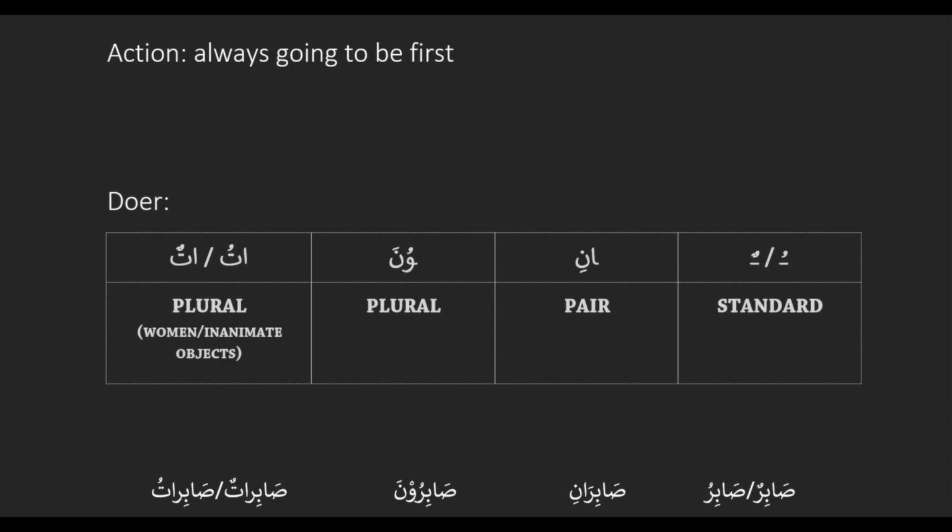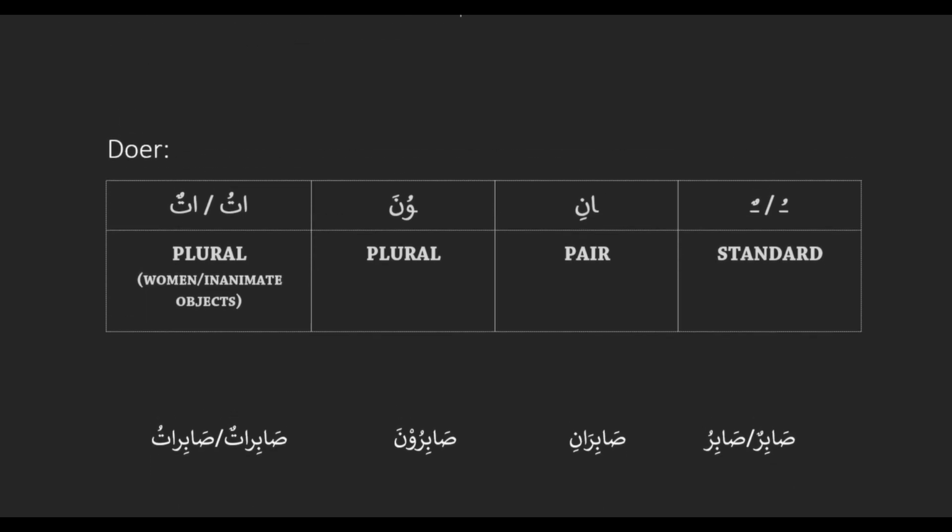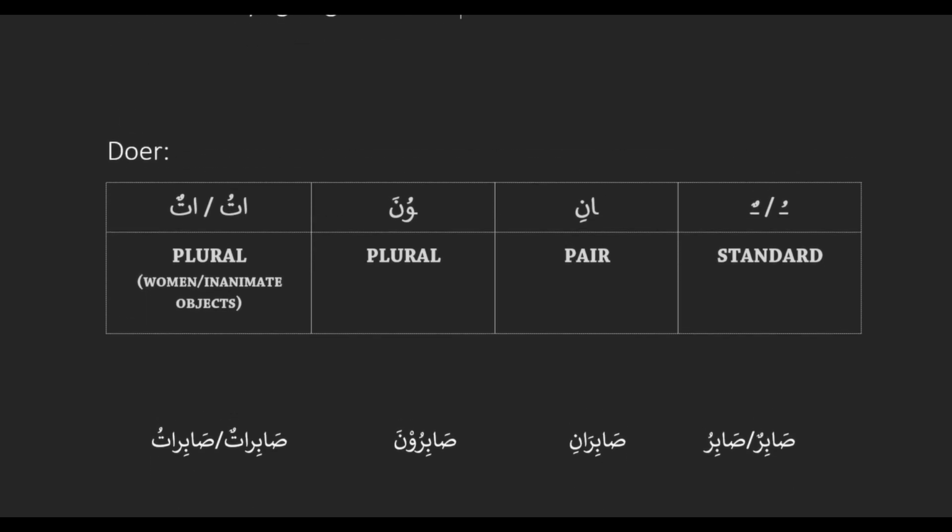Is that the only way to know, to just memorize them? Yep, you have to memorize them. You have to know these labels, and if you see one of these on the end of a word, you know you're looking at a doer. So here's a sample word for you, sabirun, run. You see how the un is sitting there at the end of the word? So if we were to see this in a sentence, we'd know this here is wearing the doer name tag, so it is a doer.